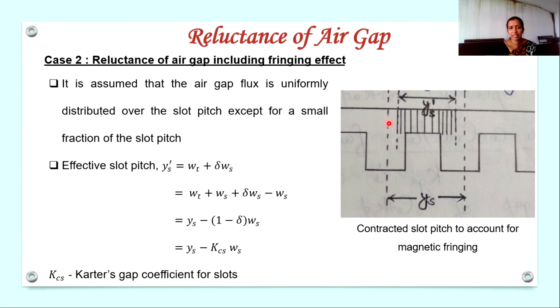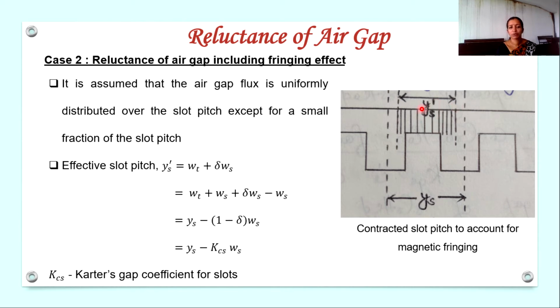So we will assume that the flux is uniformly distributed in the entire slot pitch except for a small fraction of the slot pitch. The flux is distributed uniformly everywhere in the slot pitch except a small portion. And it can be drawn like this. And wherever flux is present, that width can be marked as Ys dash, the effective slot pitch.